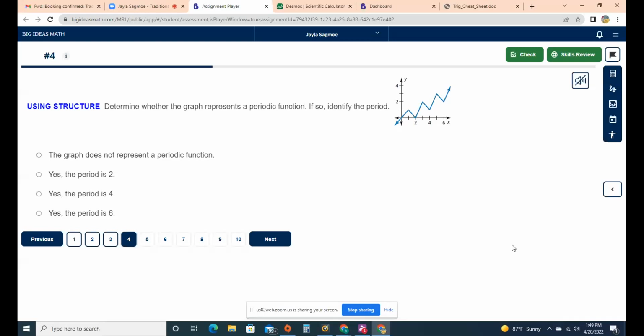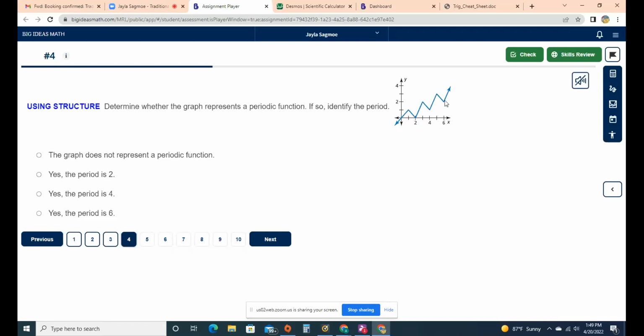Like if you go back to the previous problem, you could take whatever the part that repeats is and you just slide it left or right. If you take that triangle from 0 to 2 in this picture and you slide it to the right, is it exactly the same? Yeah.